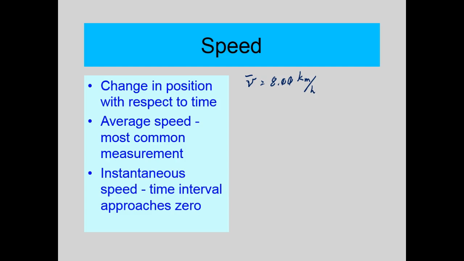Why did they put 0.00? 0.00 indicates the precision of this measurement, which is unbelievably precise. I've never known anyone measure the speed of a bicycle that precisely. That means it's to the nearest hundredth of a kilometer per hour.